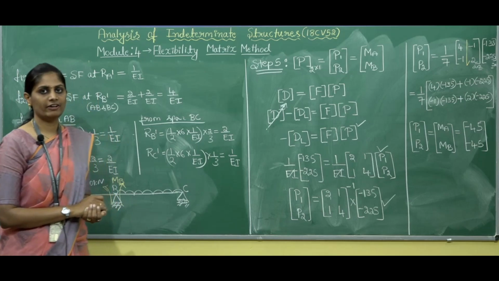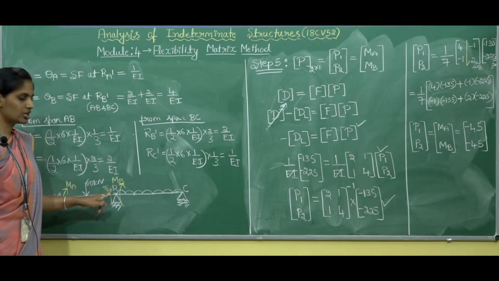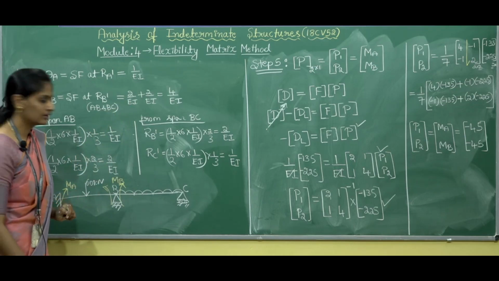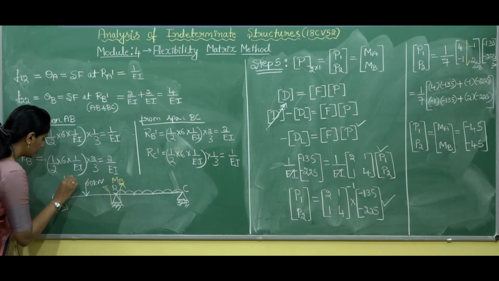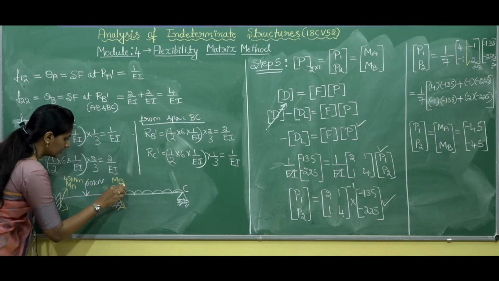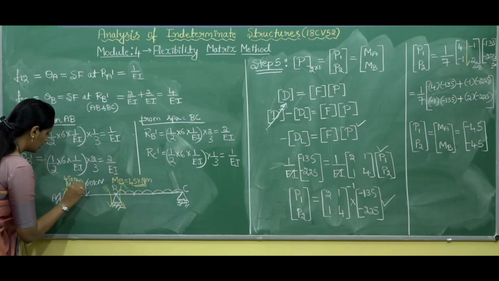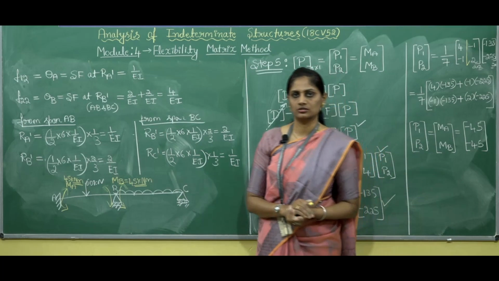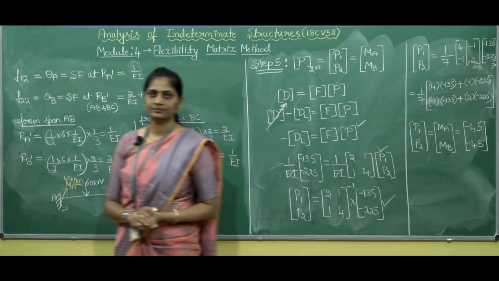Since we have got the final values in the negative manner, you can either change the direction or write the values along with the negative sign. I am going to change the direction. So this is 45 kilonewton meter, and here also I am changing the direction because I got the negative value. If you get positive values, you need not change the direction; you just write the values as they are for the assumed direction.